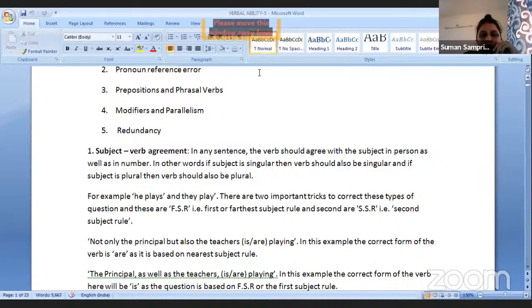Let me write it here on the screen itself. There is a thing called verb 1.